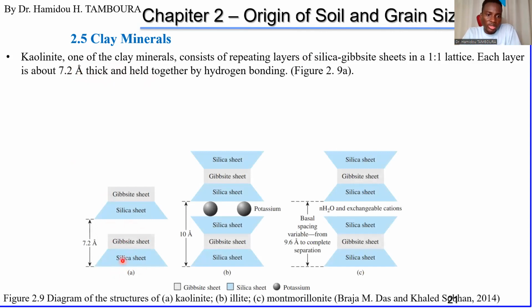For example, in this case we have this silica sheet and gibbsite sheet, and we have hydrogen bonding between these two, and the thickness is 7.2 angstrom.